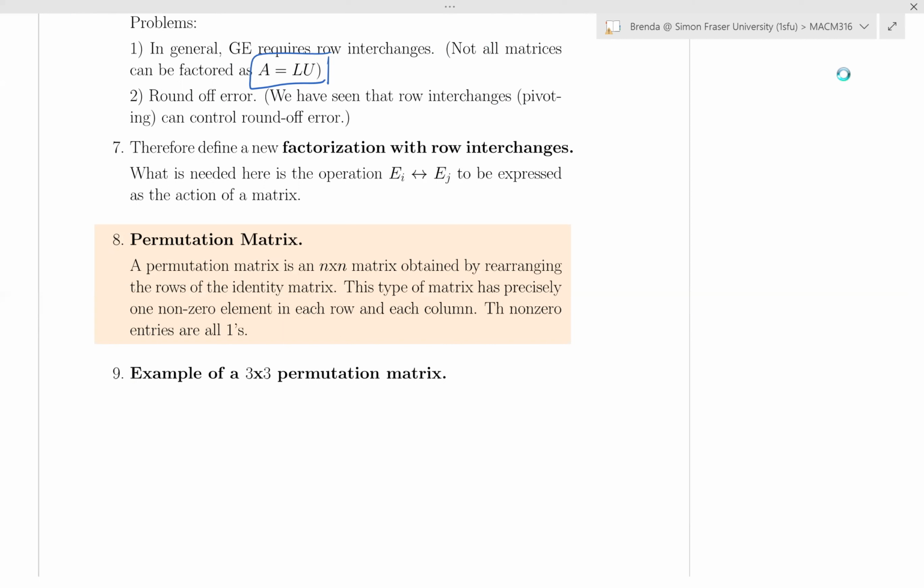Here's a permutation matrix, I'm going to call it P12: 0, 1, 0, 1, 0, 0, 0, 0, 1. The permutation matrix is an identity matrix that has two rows interchanged. In this case, rows 1 and 2 of the identity matrix have been interchanged.